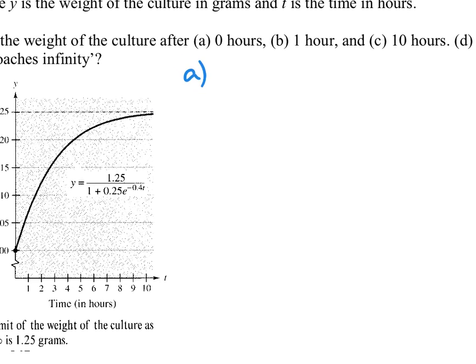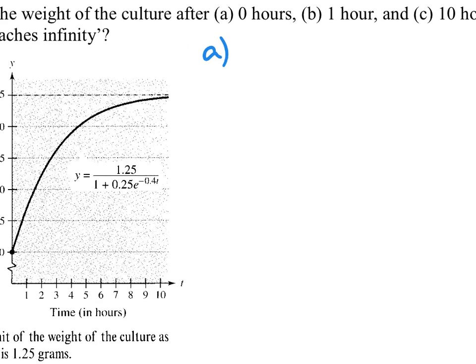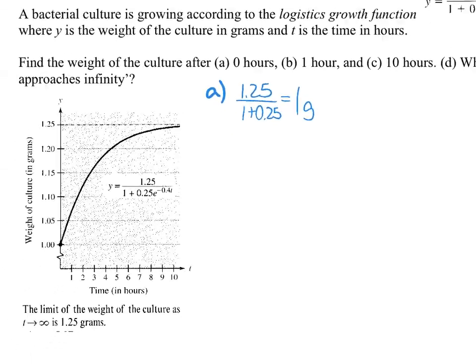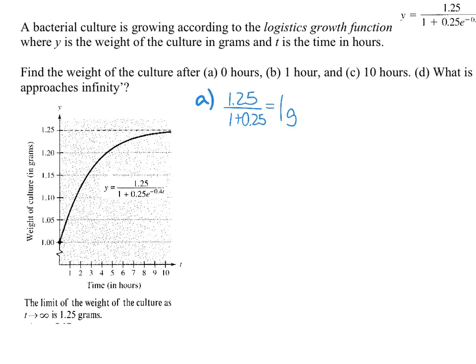If I plug in 0 for t, I get 1.25 divided by 1 plus 0.25, which is just 1. So 1 gram is how much this culture weighs at the beginning. And that is P.